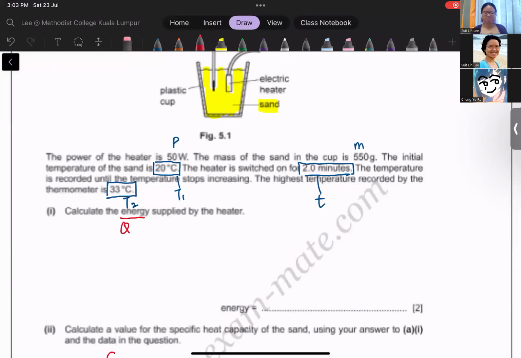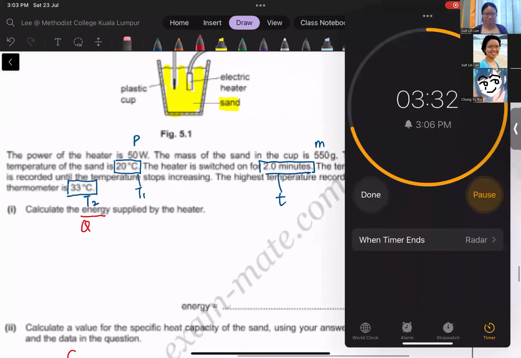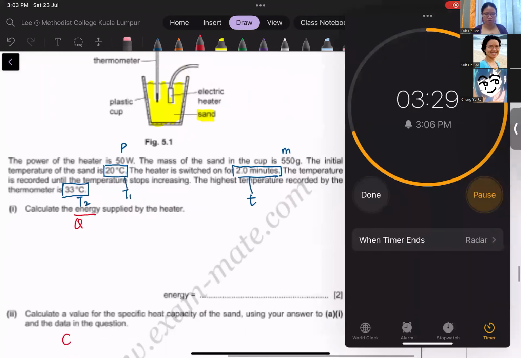In fact, part 2 asks you to find C. Anyway, the question is also in Discord if you need it. Okay. Mass in kg, everything now SI.